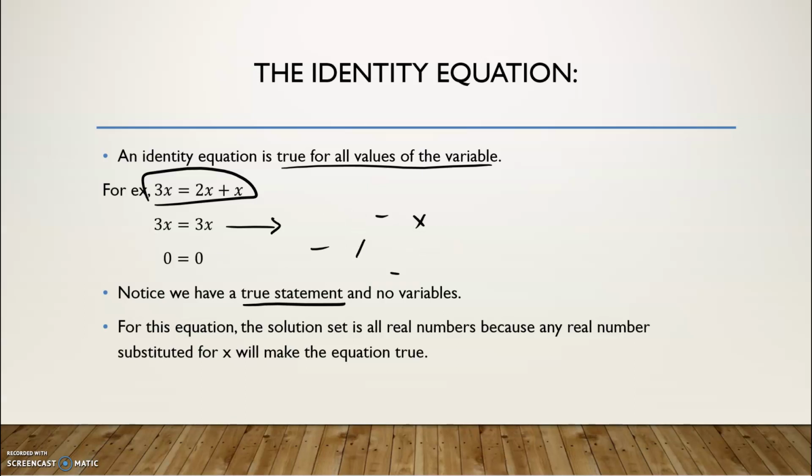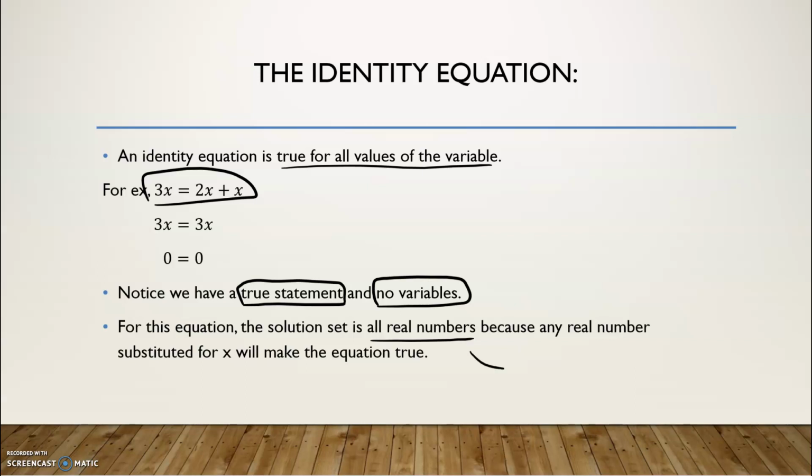But also notice that all my variables are gone, so I have no variables. When I have these two things together, a true statement plus no variables, that's when you can say that your solution set will be all real numbers, or any number that you can think of. So the solution set is all real numbers because any real number substituted for x will make the equation true.